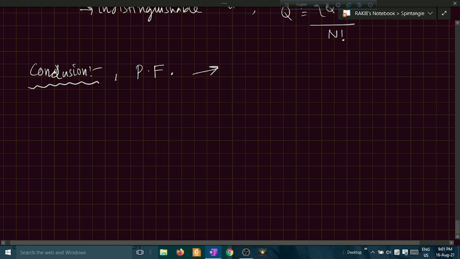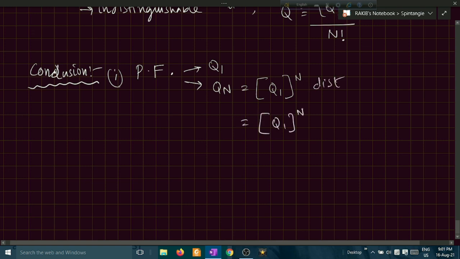The single particle partition function is given by q1 and the n particle partition function is given by qn. If there are n particles, what is qn? This is nothing but q1 to the power n in the case of distinguishable particles, and in the case of indistinguishable particles it is q1 to the power n upon n factorial.